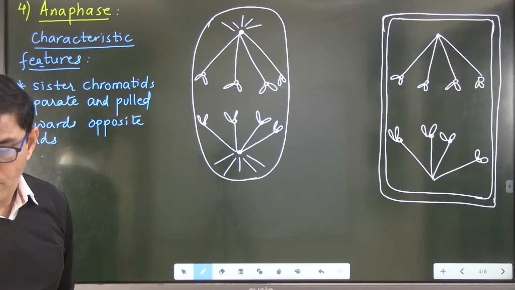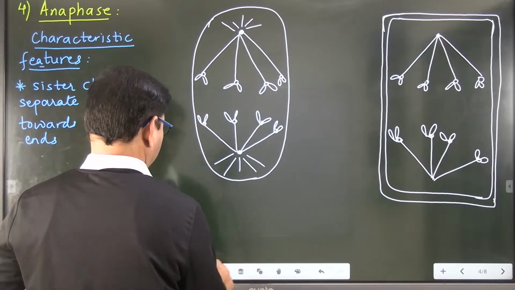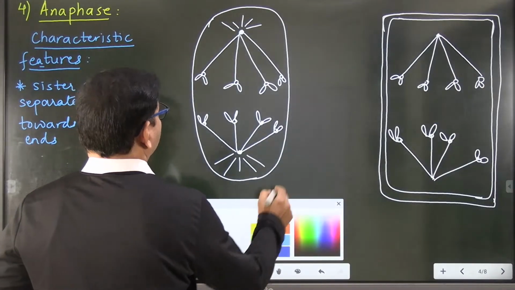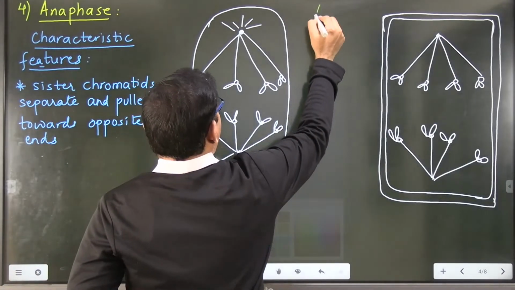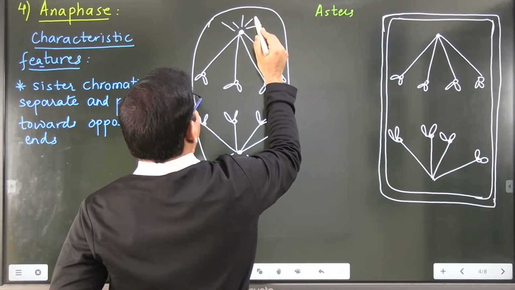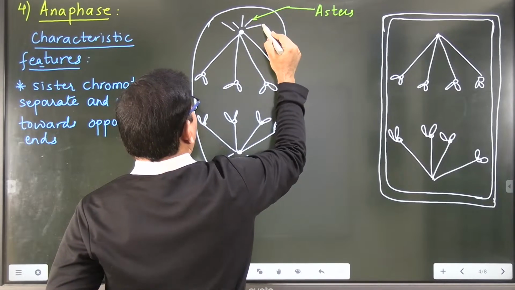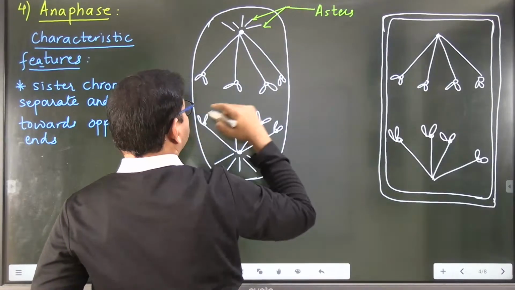Fine. Now let us start labeling. First, esters, which are exclusively present where? In animal cell.